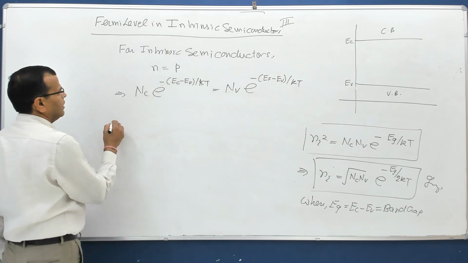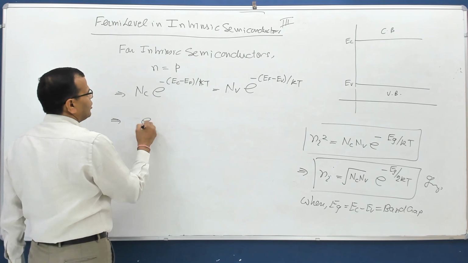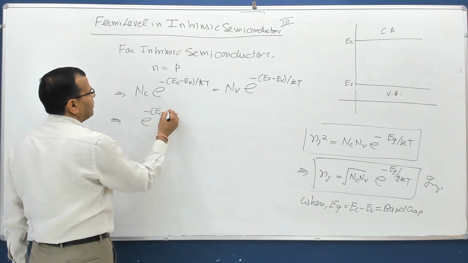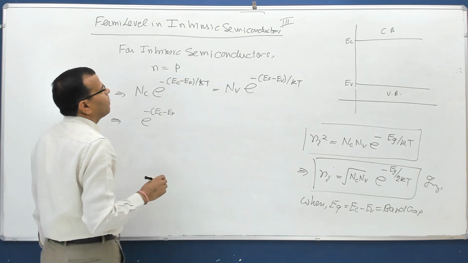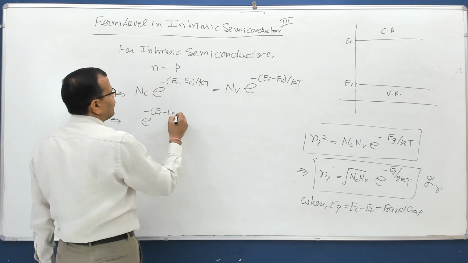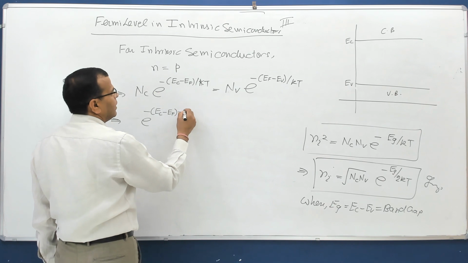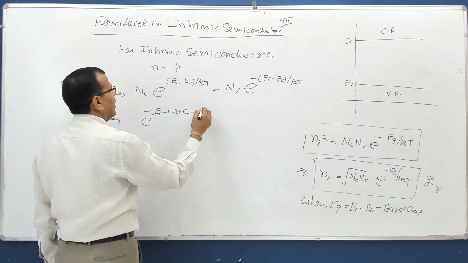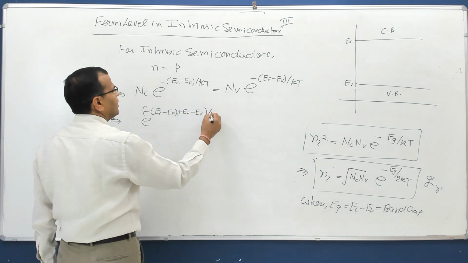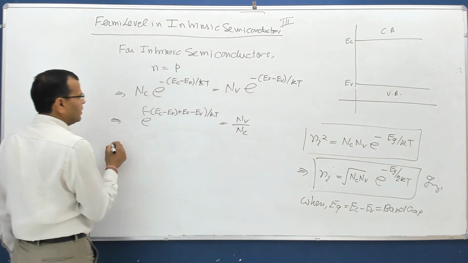So what do we get? This gives e raised to power minus Ec minus Ef. If you take this on this side, this will be again minus, that is plus Ef minus Ev and whole divided by Kt. This is equal to Nv by Nc, or this gives what?